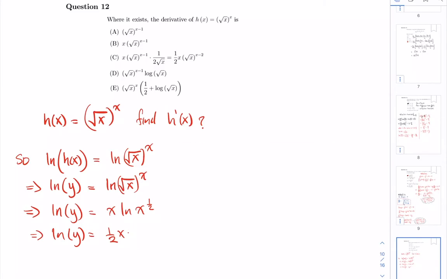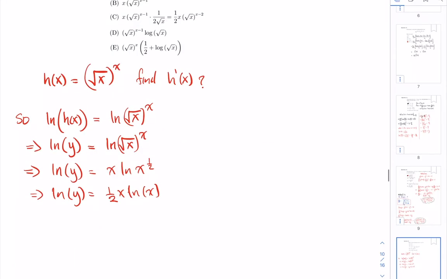So now we can perform implicit differentiation again on this function. If we differentiate both sides with respect to x, I'm differentiating my ln y and also my half x times ln x.